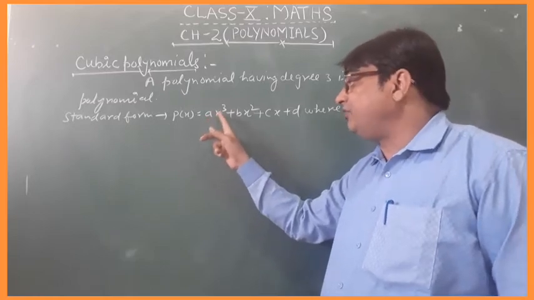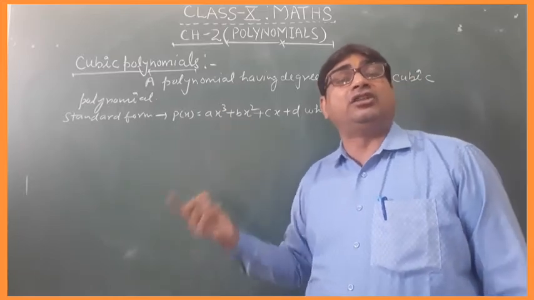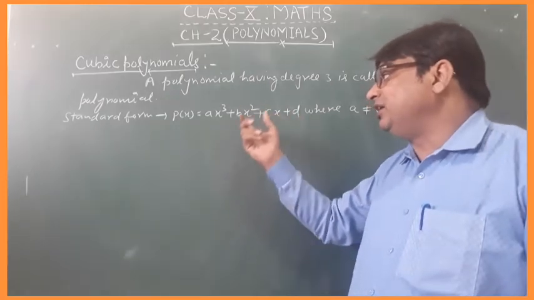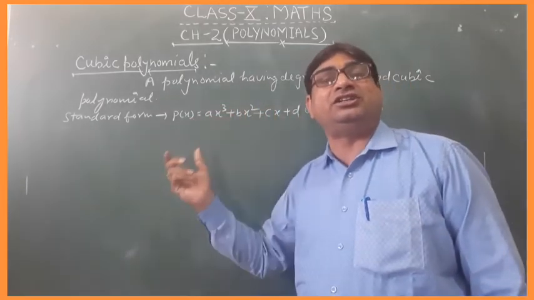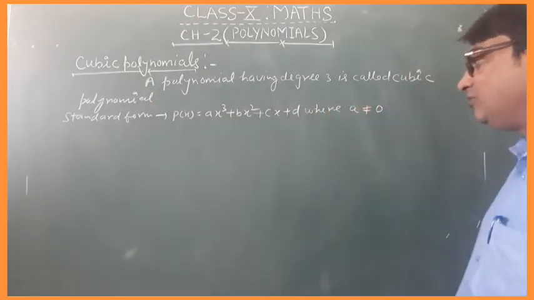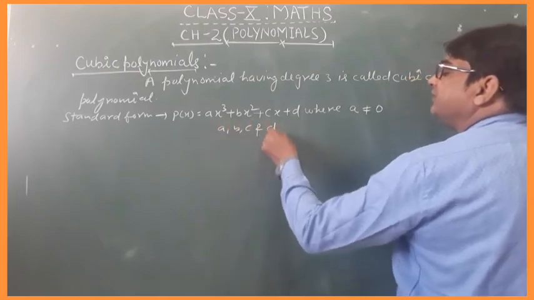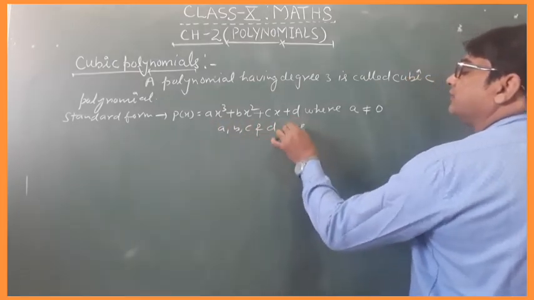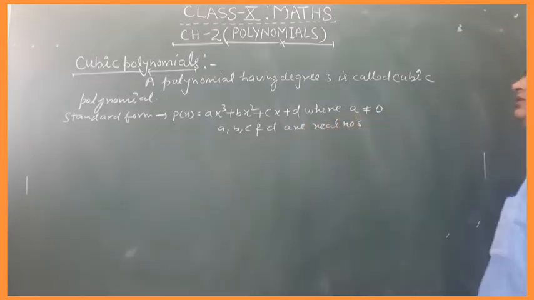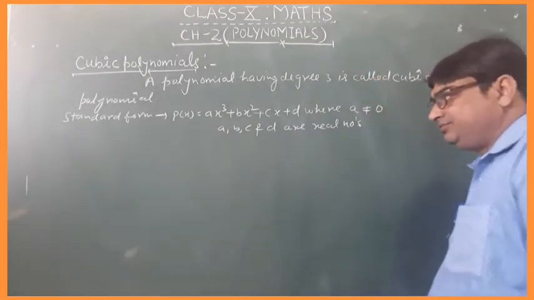If the coefficient of x cube is 0, then the x cube term will also be 0, so it is not a cubic polynomial. So for a cubic polynomial, the necessary condition is that the coefficient of x cube is never 0. And a, b, c and d are real numbers, and x is the variable here, so it is a polynomial in x.